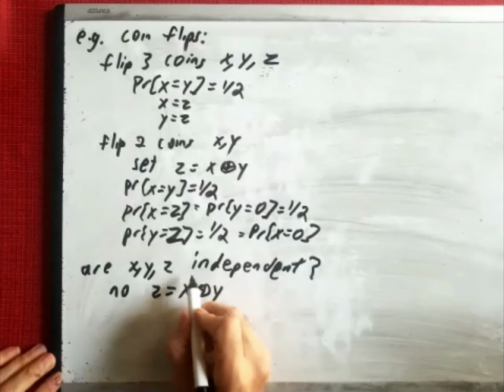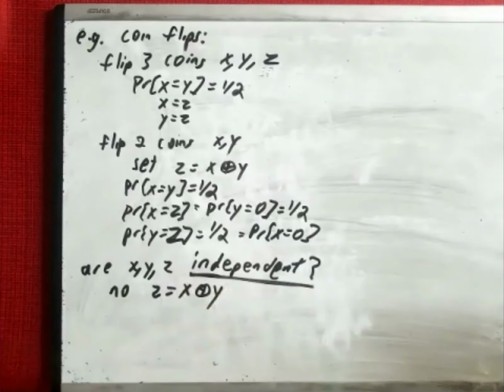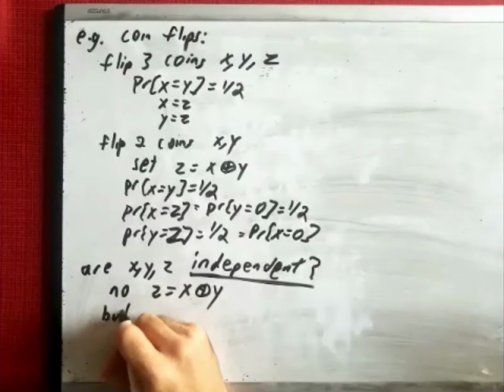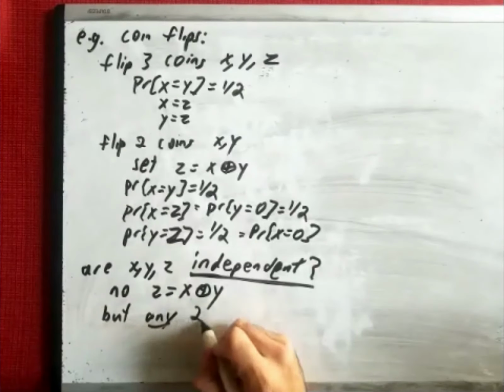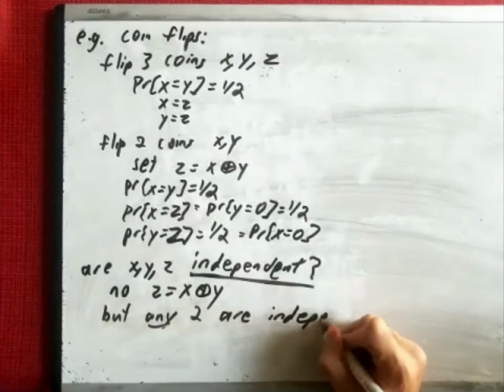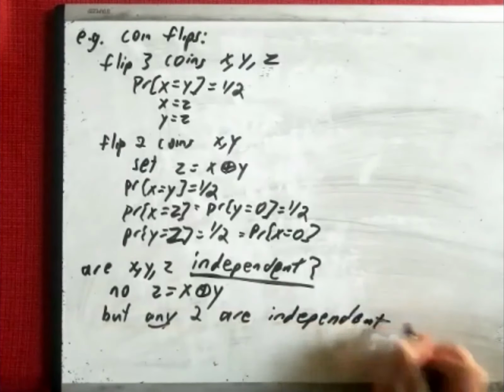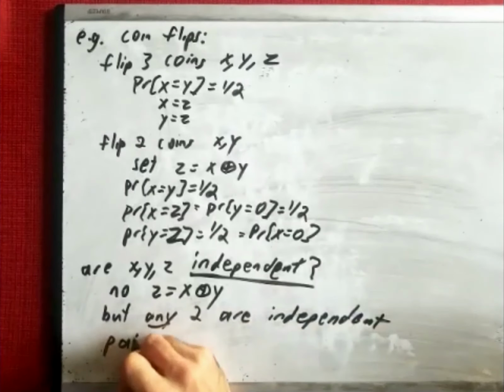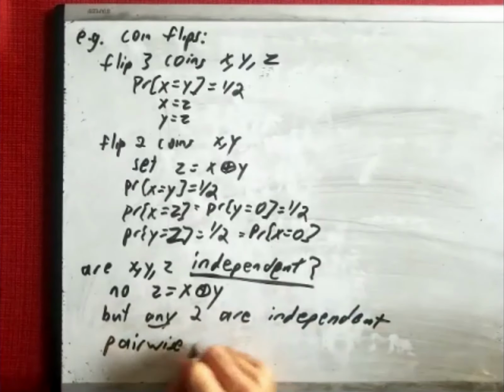And I should have underlined independent the first time I used it, because that is the next of our key probability concepts, right? But any 2 are independent of each other. And this is exactly the notion of pairwise independence.